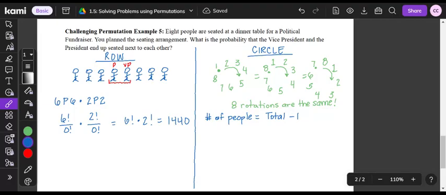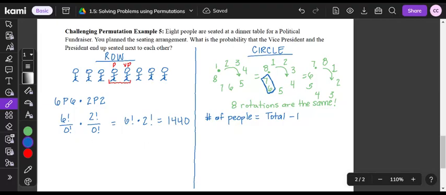Now, within that 7, right, I know 2 of them must be grouped together because I always want the vice president and the president to sit together, all right? So that means it's a very similar problem to them sitting in a row, okay?